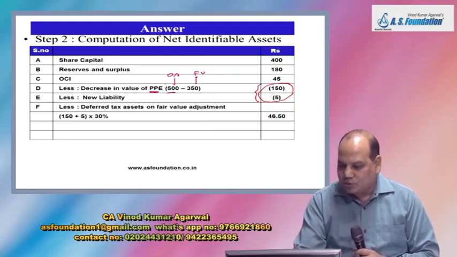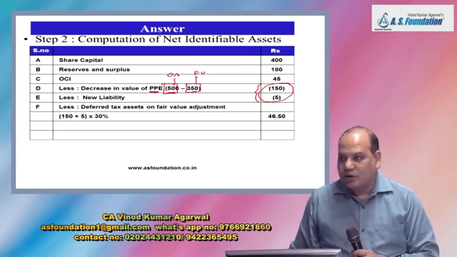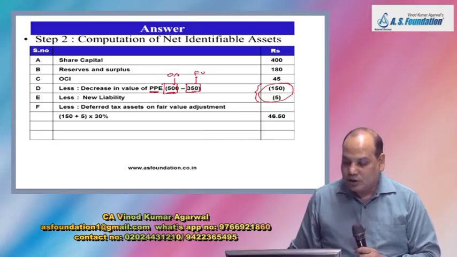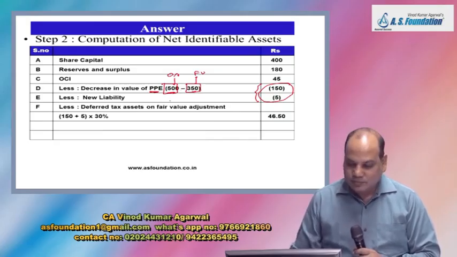Tax laws will allow you deduction on 500, but for accounting purpose, you will record at 350. So higher carrying amount in tax books, tax base is higher, this will give rise to DTA, and in case of liability, opposite.